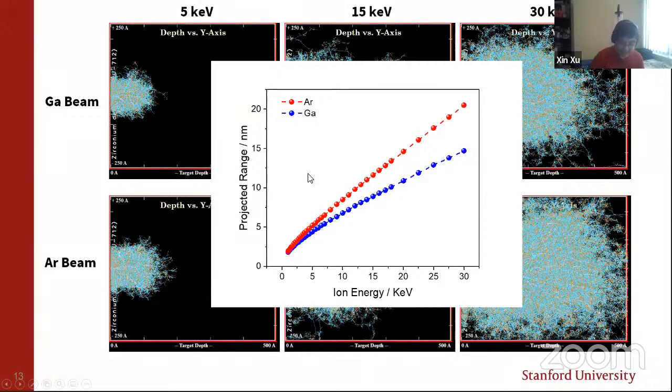This is interesting. I was expecting the argon beam to be better, but from the simulation, it looks like the damage or implantation will be more serious than with the gallium beam. That's why people decrease the argon beam voltage down to 5 kV.